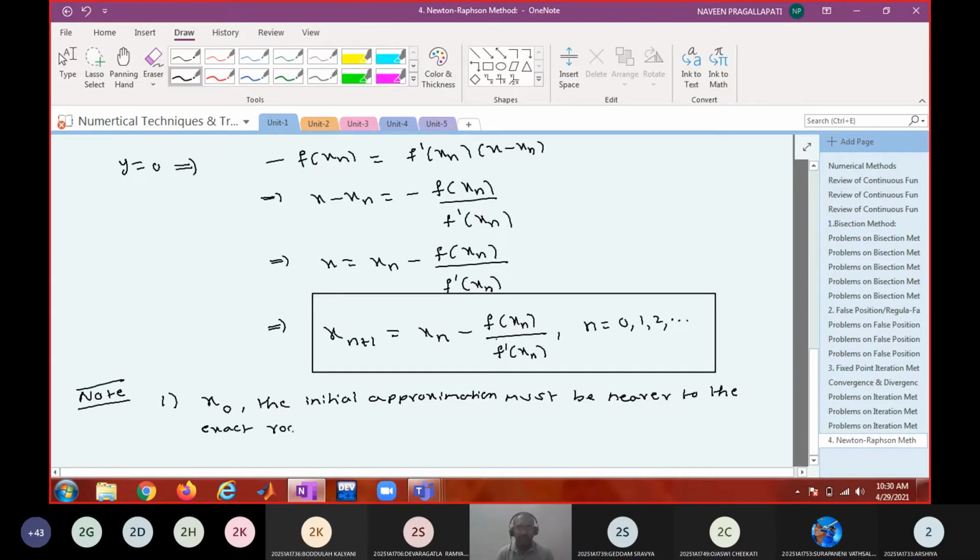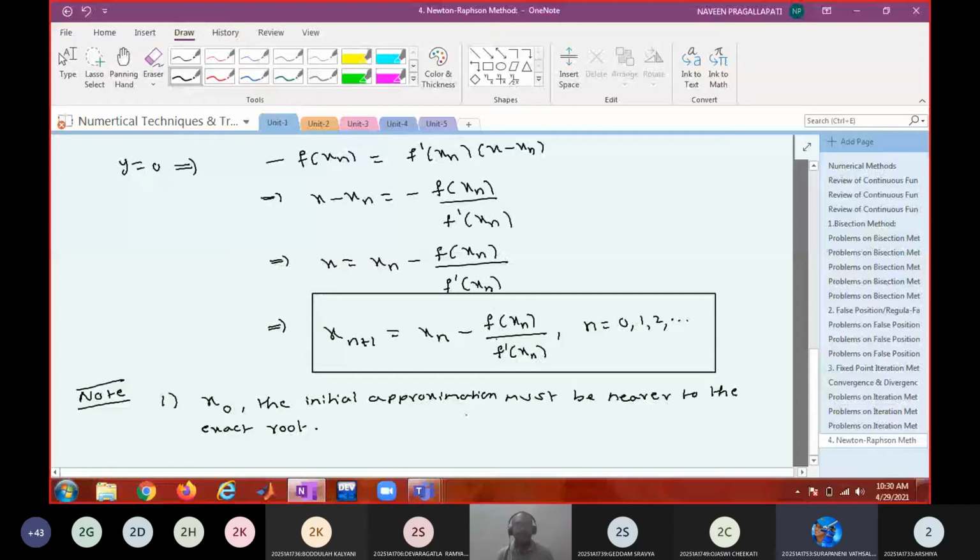But how do we know whether this is nearer to the exact root? Because we don't know where the root is. Because we don't know the root, we are trying to find an approximate root. And you are asking me to find x naught such that it has to be nearer. So how do you tackle this? Tell me.